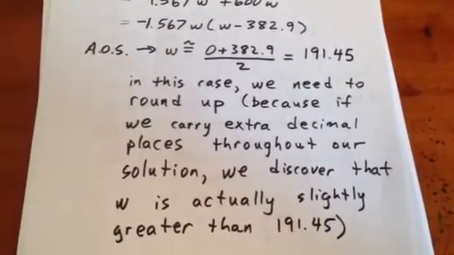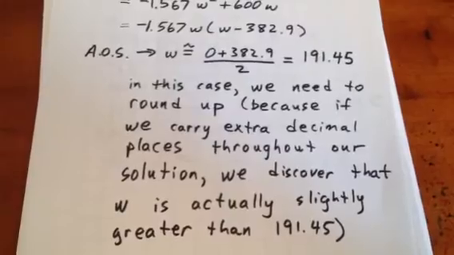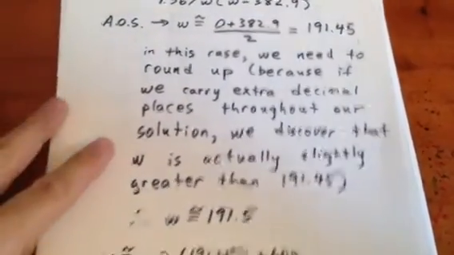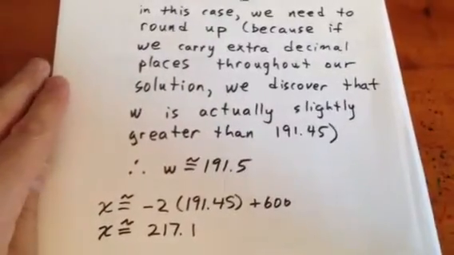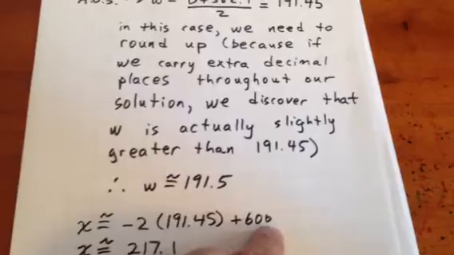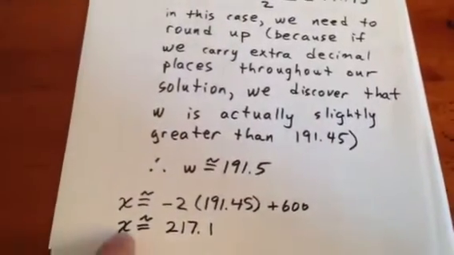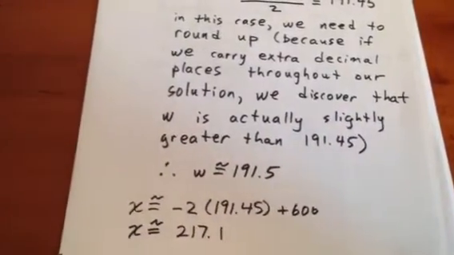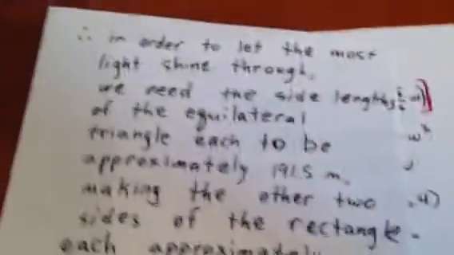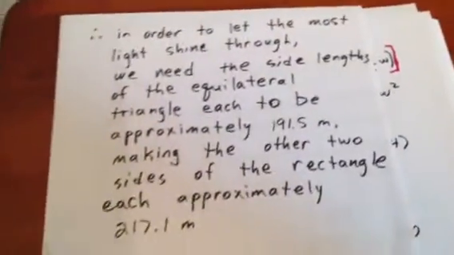So we're going to round our value for w up to 191.5. Now if the w value is 191.5, the x value is negative 2w plus 600 from earlier in our solution, so x must be 217.1. So that would be the dimensions that lead to the greatest amount of light shining through.